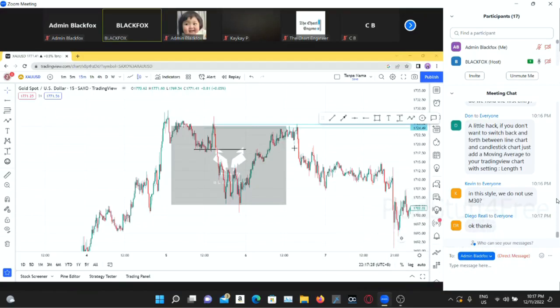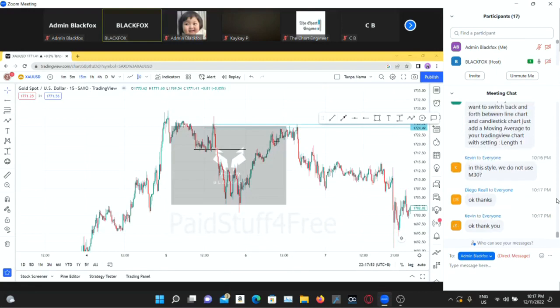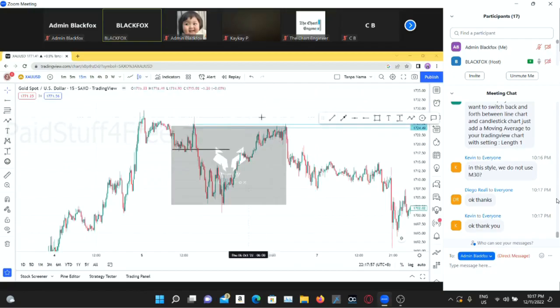In this style, we do not use M30, because M30 and H1 have a little bit the same movement, so we just go to M15. If you want to go to M30, better you just use H1. We don't use M30. So you got the first entry.